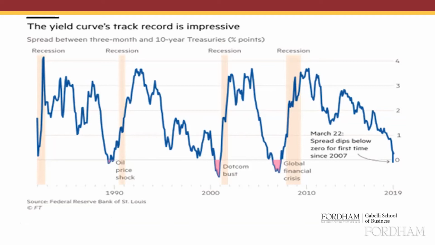We have the oil price crisis here, and then we have the dot-com bubble bursting, and we have the global financial crisis. It is as if when we have a negative yield curve, the economy becomes very vulnerable to bad news. And when we have a shock, we have a crisis.